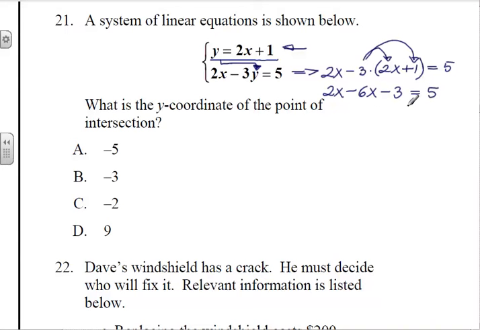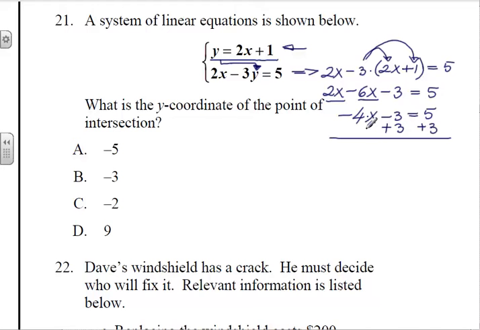Equals 5. Next step, combine like terms. I got 2x minus 6x, which gives me negative 4x, minus 3, nothing changes here, equals 5. I will isolate the expression with x, which is negative 4 times x, by adding 3 to both sides.